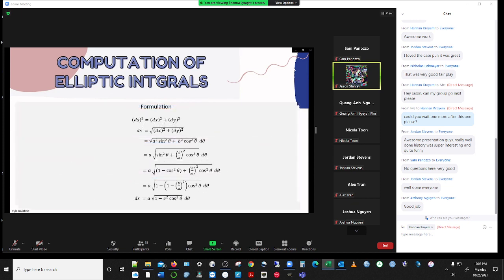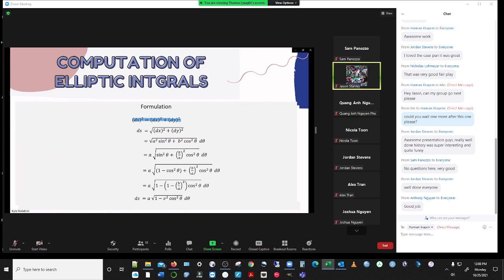In doing so, we obtain that ds squared is equal to dx squared plus dy squared, which works out to the square root of a squared sine squared theta plus b squared cosine squared theta times d theta when subbing in dx and dy. With this, we would like to manipulate it such that the eccentricity is within the formula.